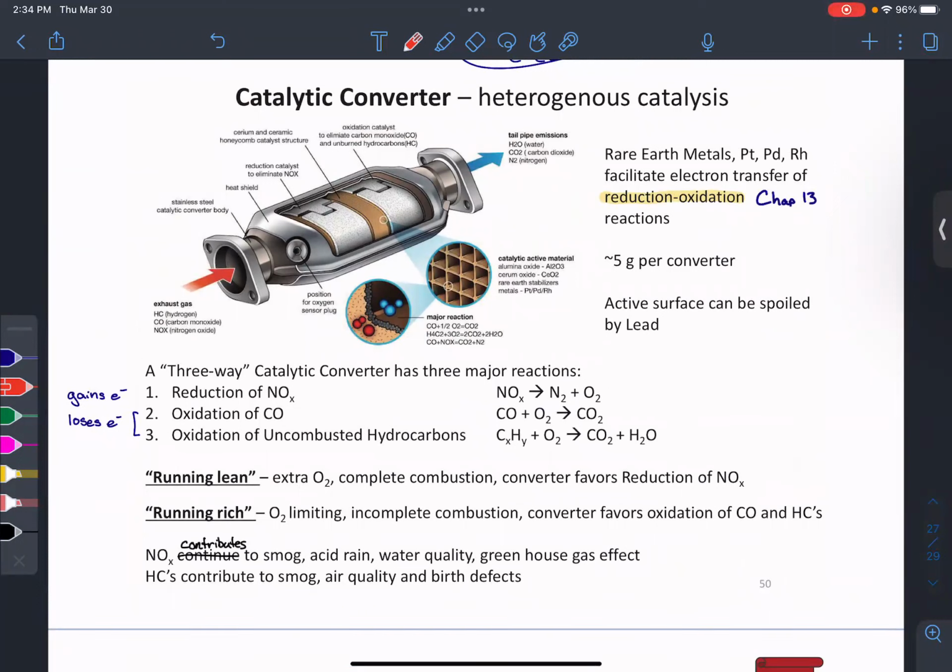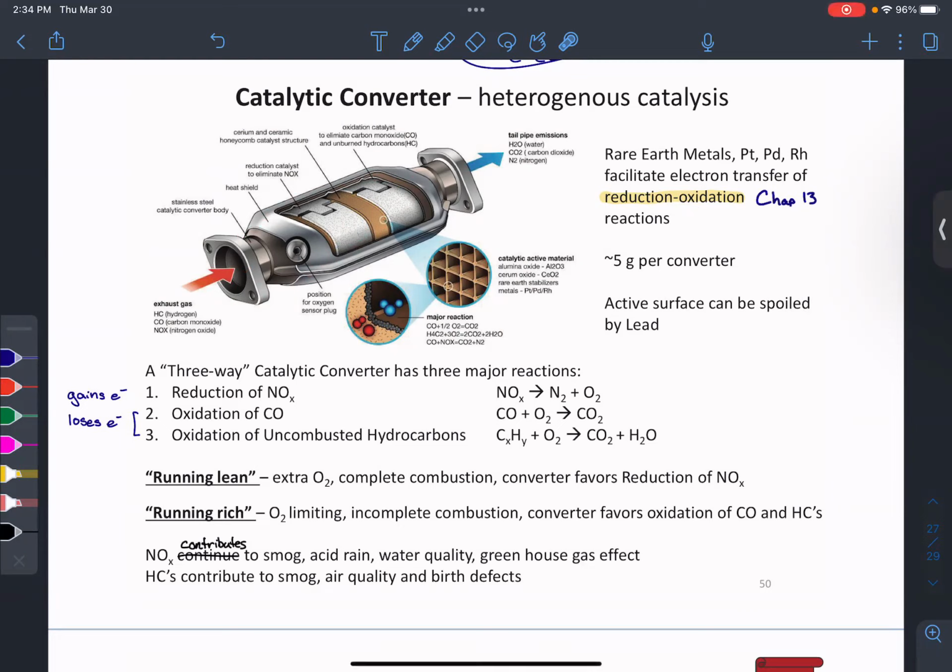The catalytic converter in our car is one of the most common catalysts that people think about when they think of catalysis. It's a very expensive component of our vehicles. So this is what a catalytic converter looks like.